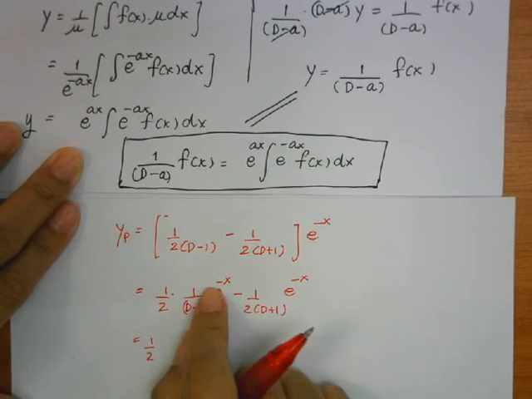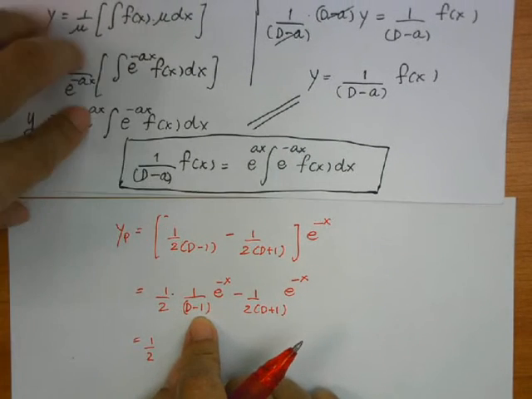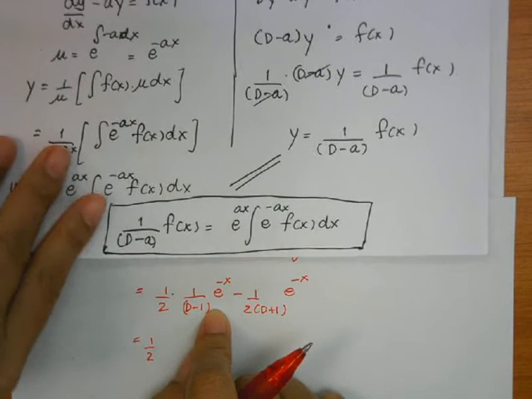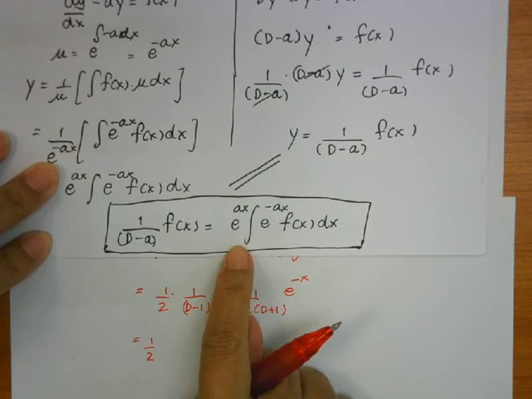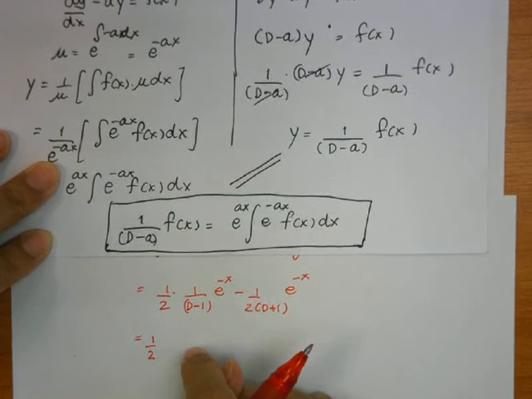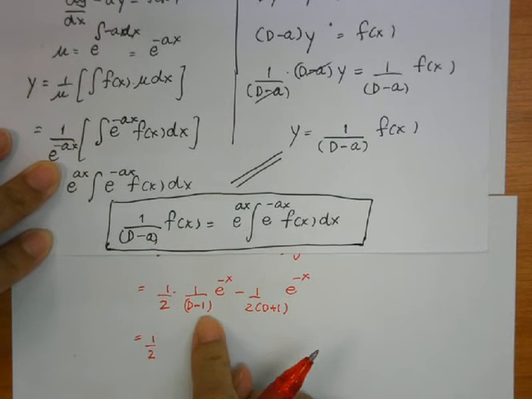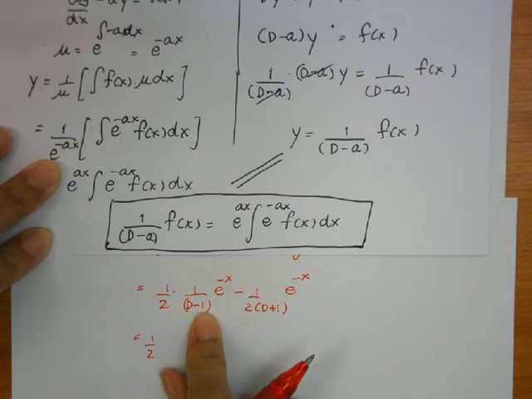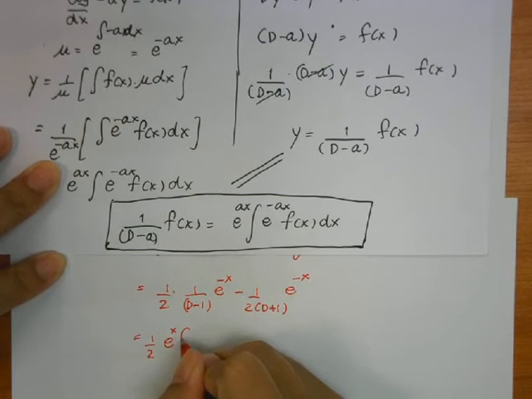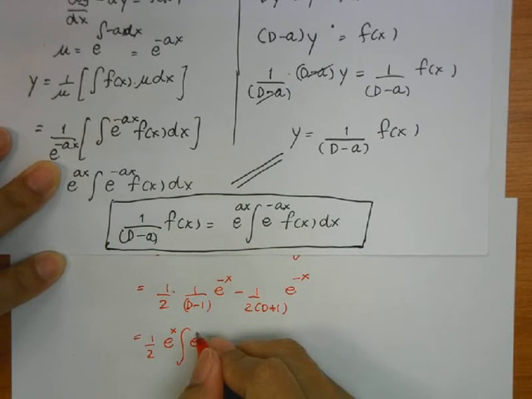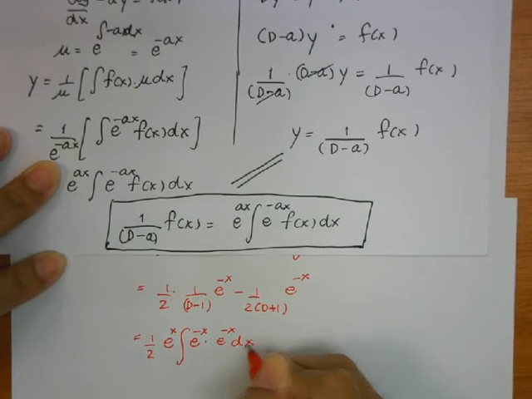Now, 1 over D minus 1 times exponential of minus x, you put this definition there, what do you get? Our a is equal to 1, so you would get exponential of x times the integral of exponential of minus x times exponential of minus x dx.